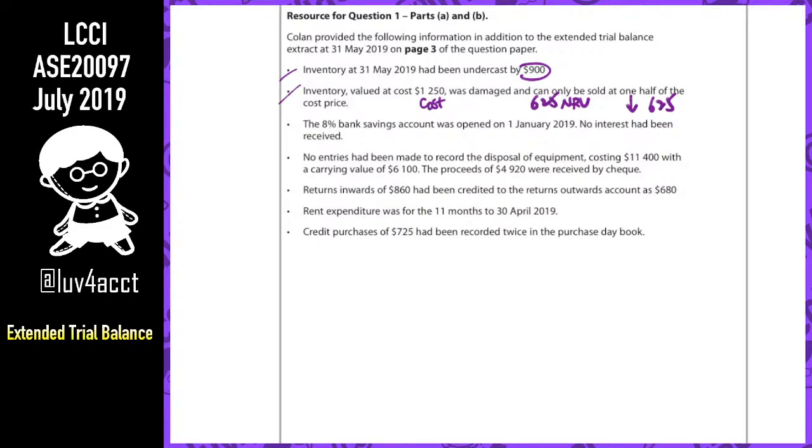8% bank savings account was opened on the 1st of January. No interest has been received. So there should be the bank savings account in the extended trial balance, 8%, and 5 months have passed, so we have to have the interest income for 5 months accrued in arrears.